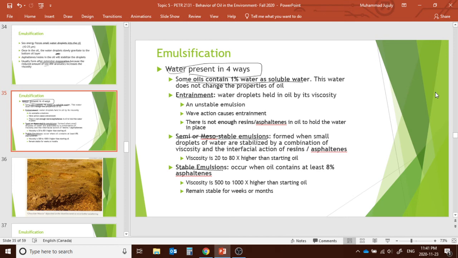Stable emulsion is the largest challenge. It can be stable for weeks or months.